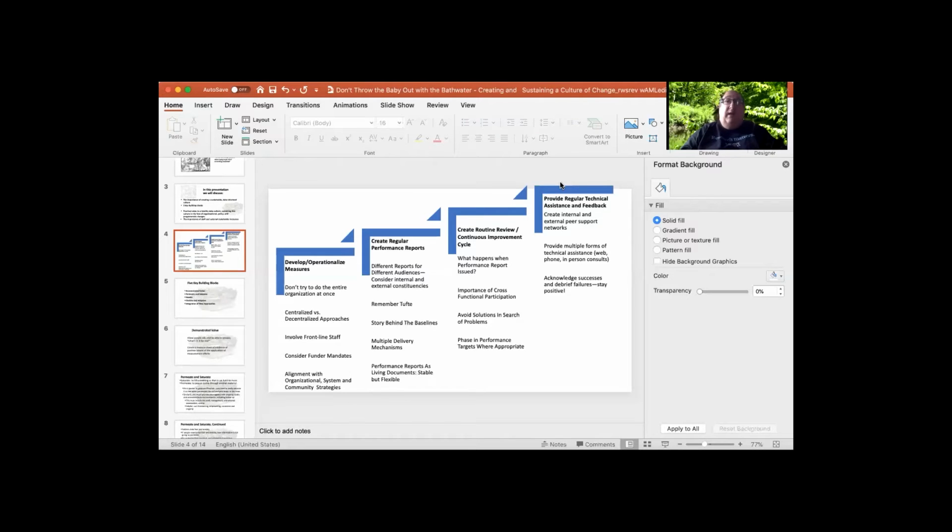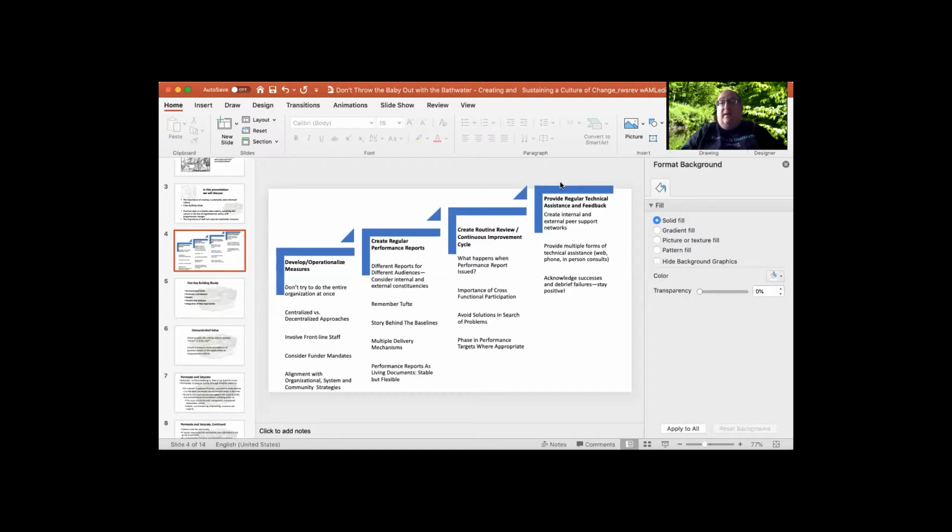But at the same time, you want individual program managers and staff to participate in those development processes and to understand the logic and the utility of the measurement process.